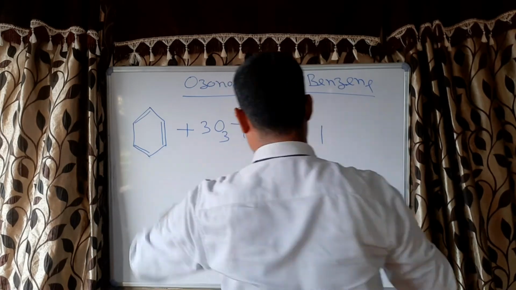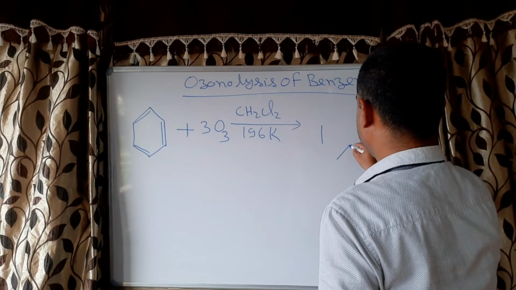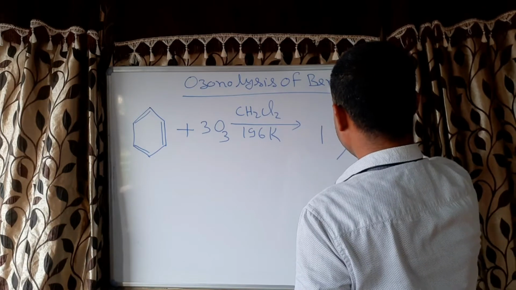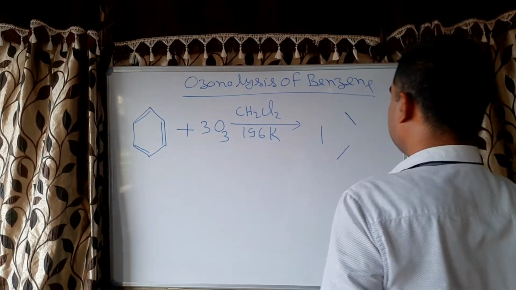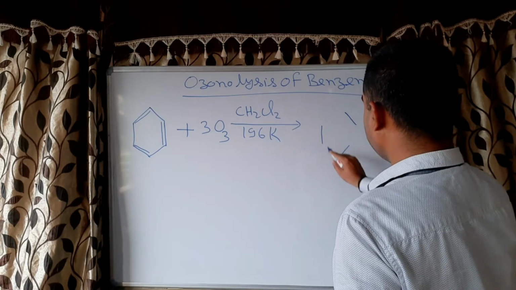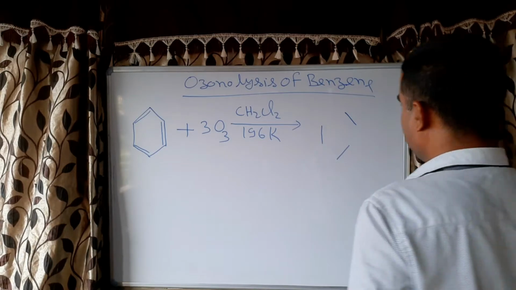Then this bond also will be broken, and now this bond also will be broken. Now here will be one ozone molecule, here one ozone molecule, and here one ozone molecule.